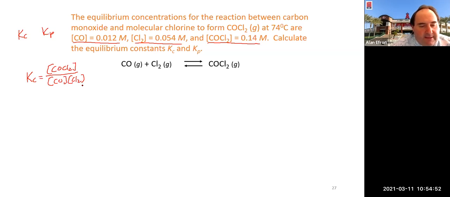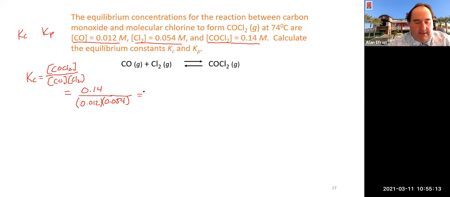Since we have the equilibrium concentrations given to us, we just need to plug them in the right spots. So that's going to be 0.14 up on top. The CO is 0.012, and the Cl2 is 0.054 in this particular case.